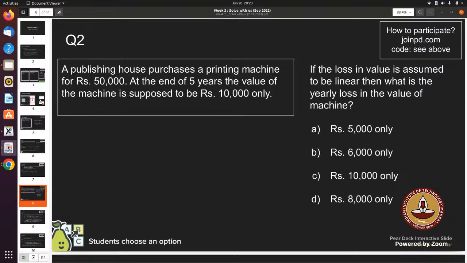So the loss in 5 years is 50,000 minus 10,000, which is 40,000. But we have to find the yearly loss, so we divide 40,000 by 5, and the answer is 8,000.